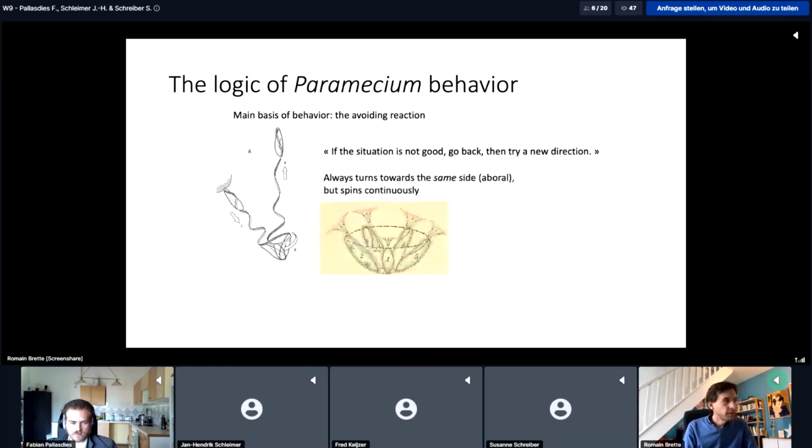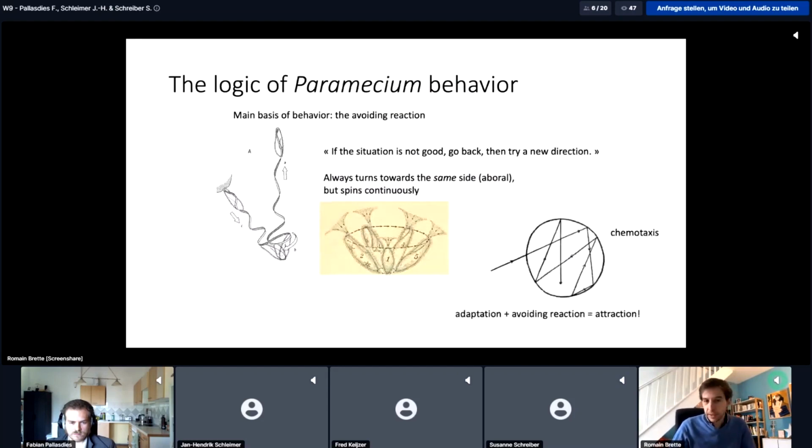Although it looks like a random direction, it's only pseudo-random, in the sense that it always turns toward the same direction, which is away from the mouth, but because it's also spinning on its long axis all the time, sometimes it seems to turn left and sometimes right. Anyway, it looks like it's changing direction randomly. And with just that, you can explain some more sophisticated behavior, for example, chemotaxis.